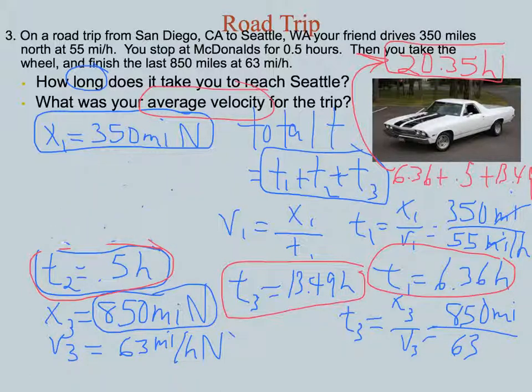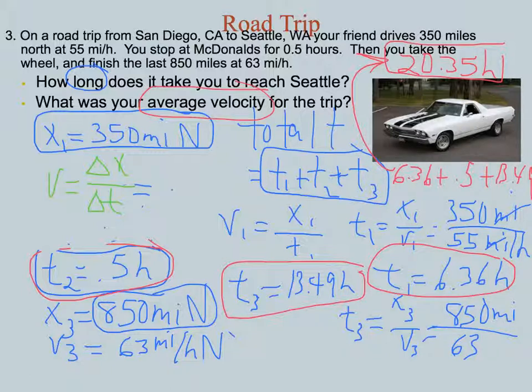What would we need if we wanted to find average velocity? Well, average velocity is total distance, or excuse me, total displacement divided by total time. I know the total time now. I just calculated that.